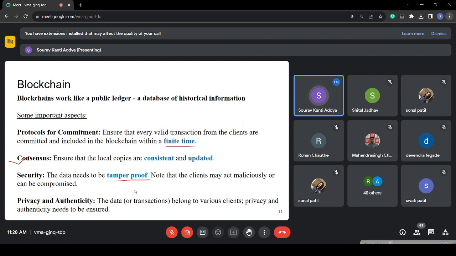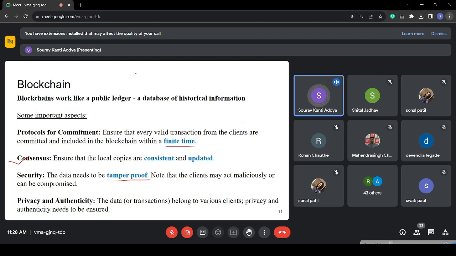Anything you have written in a block and that block has been added into the chain, you cannot edit, delete, or modify it. It is totally tamper-proof. That is the first major thing blockchain gives us. That's why it is fully secure. You can modify that data and add it as a new block in the chain, but you cannot tamper the old one.